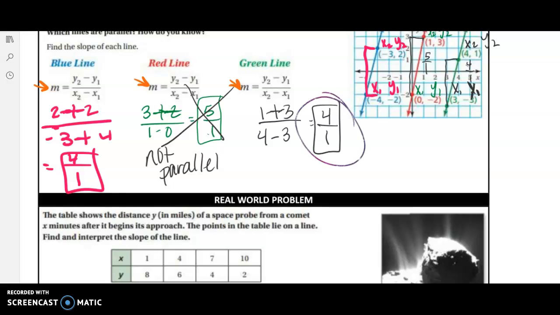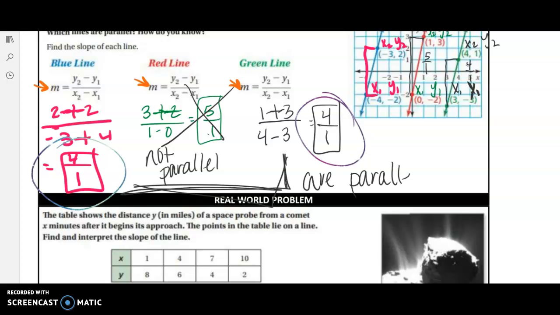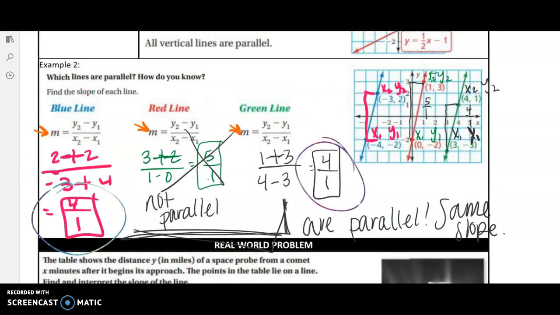Since these two have the same slope, these two are parallel. And that means that those two lines will never cross paths, while eventually the red one will because it's not parallel with them.